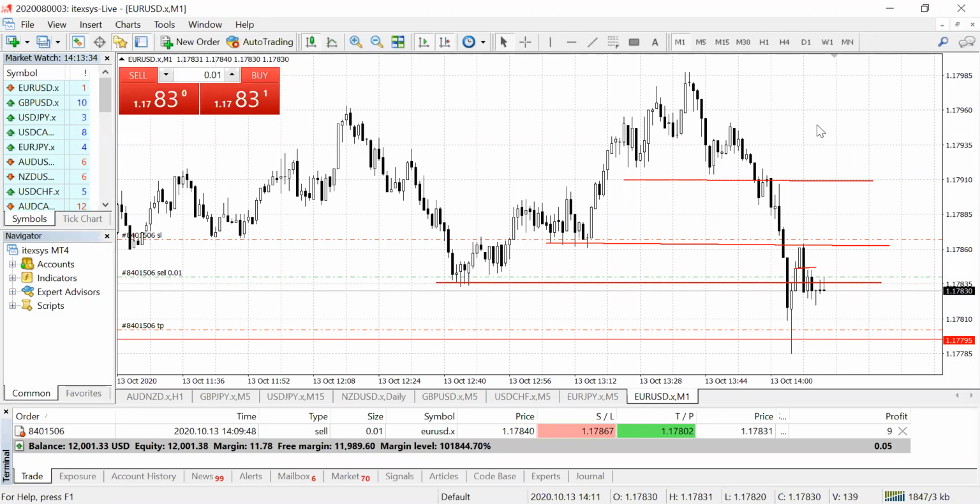For some, I will hold the trades for longer, for hours or maybe days. But the demand areas and the resistance areas and everything, they are just there. They're levels in the price. It doesn't matter what time frame you are looking at.